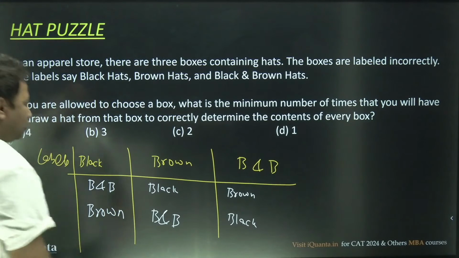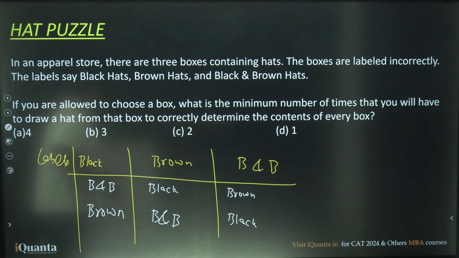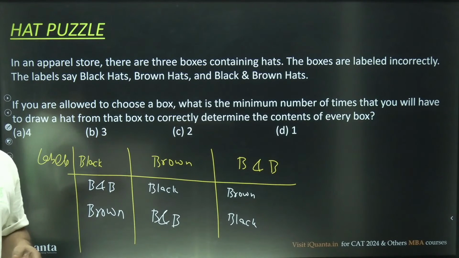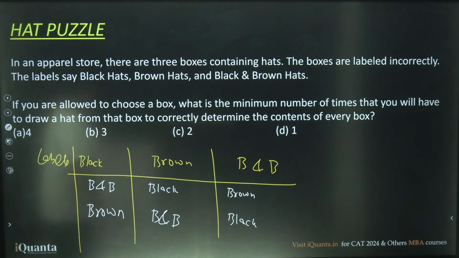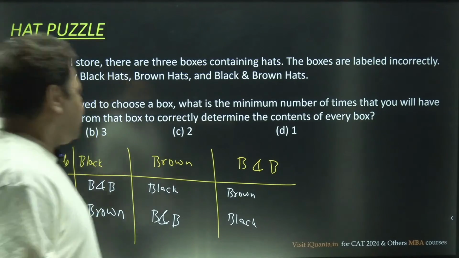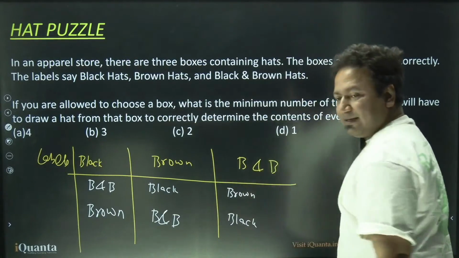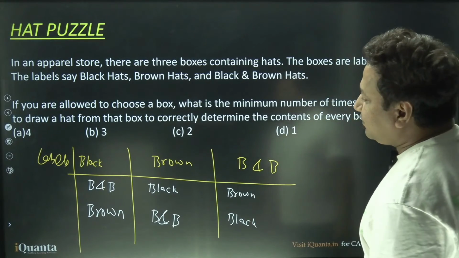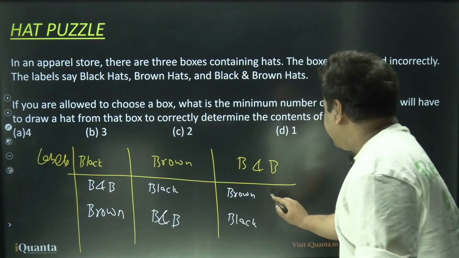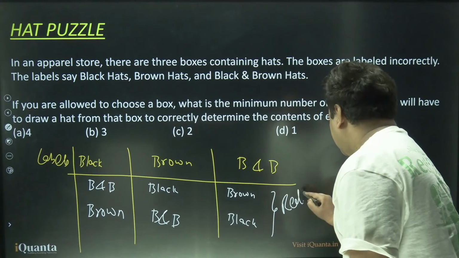So tell me everyone, do we have any other possibility? There is no other possibility, isn't it? Only two cases are possible. So the person who labeled the boxes did not know what is there, he just labeled them, and in reality, these two things were possible. This is the reality.